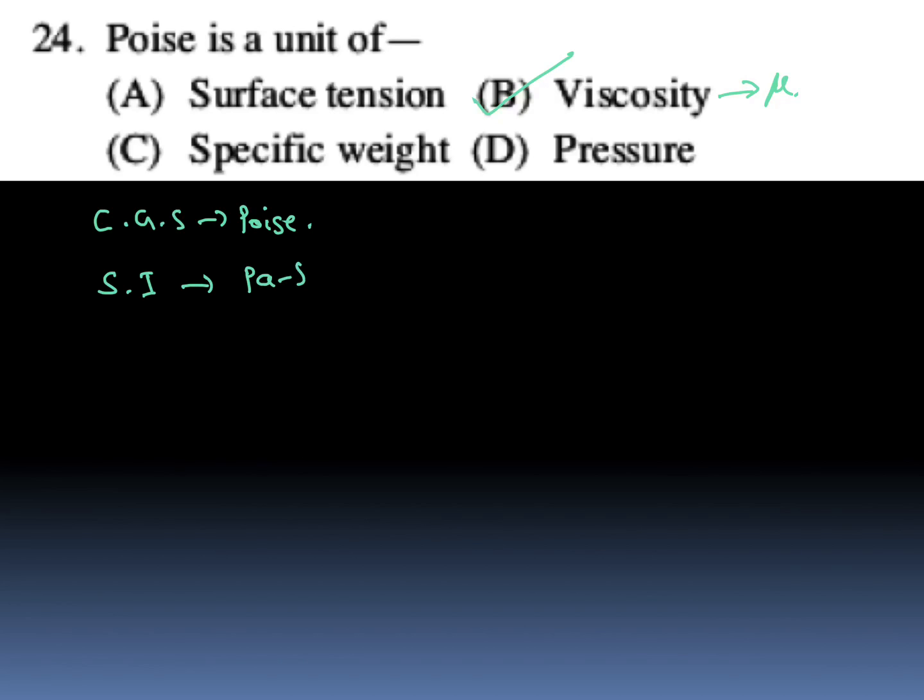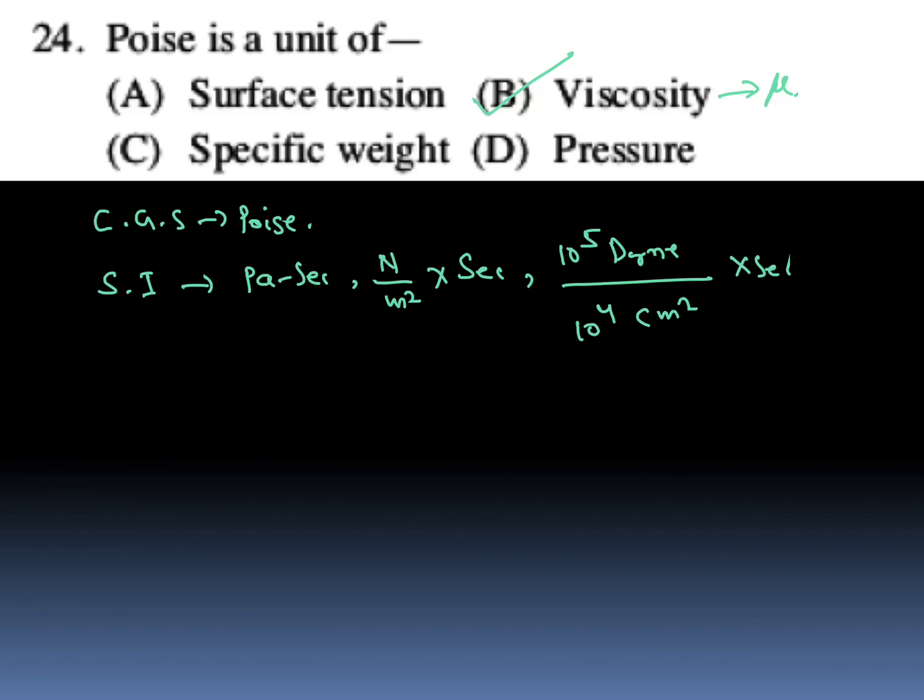Pascal into second, or you can call it Newton per meter square into second. 1 Pascal into second, or Newton is 10 to the power 5 dyne, divided by 10 to the power 4 centimeter square into second. So finally we will get 10 dyne per centimeter square into second.